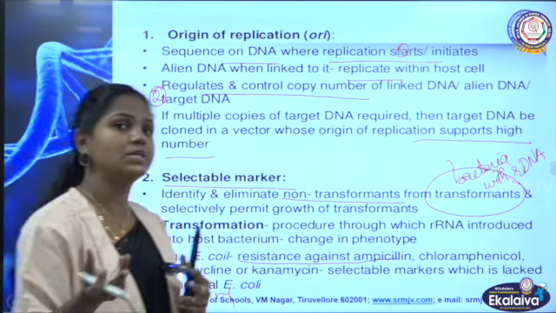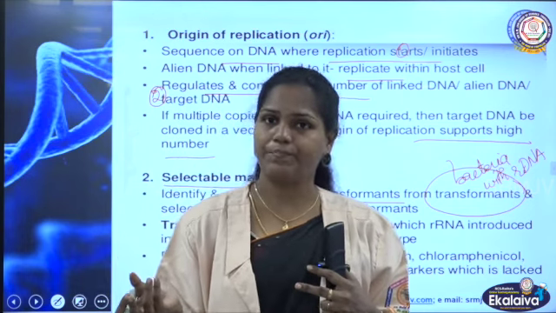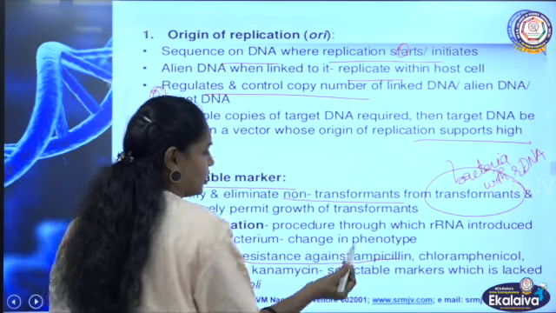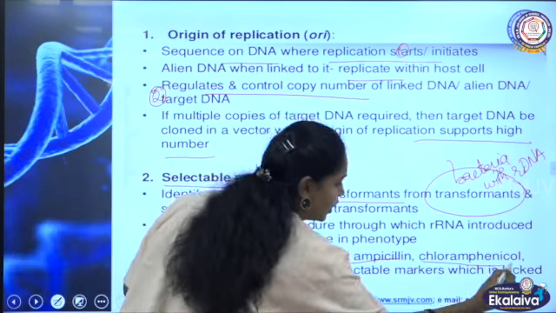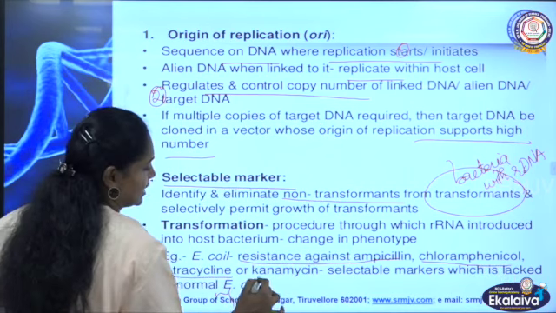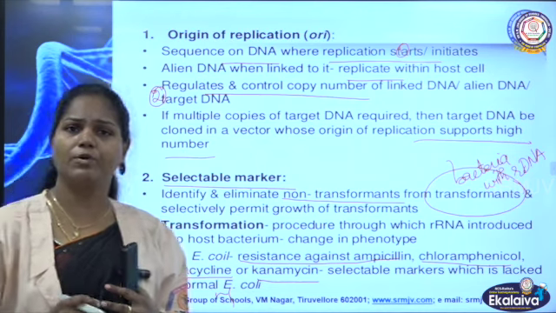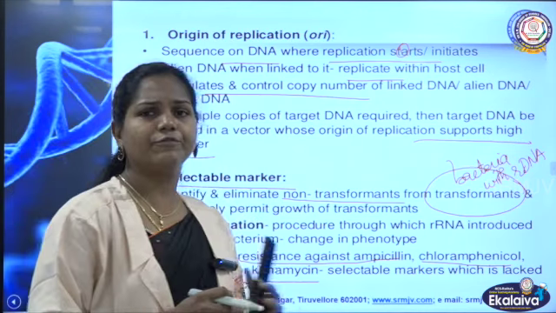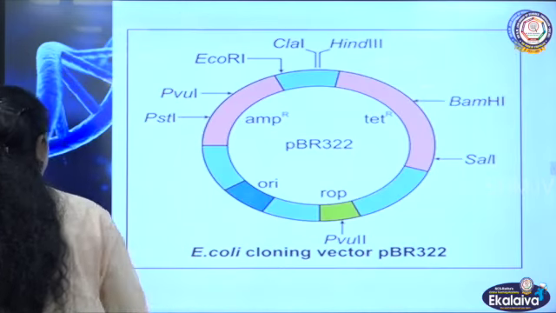Antibiotics, you know, are substances which kill bacteria. Here the marker antibiotics used are ampicillin, chloramphenicol, tetracycline, kanamycin. These are a few examples. Many more antibiotic resistance genes are there. These are a few examples of antibiotic resistance genes.